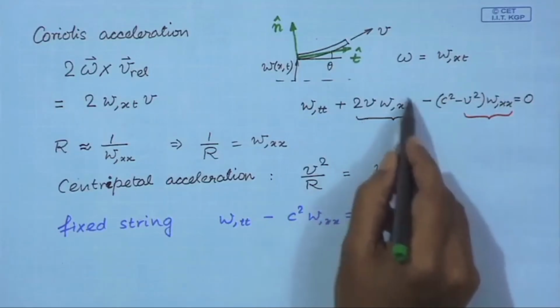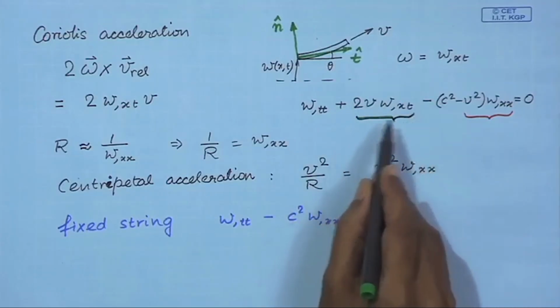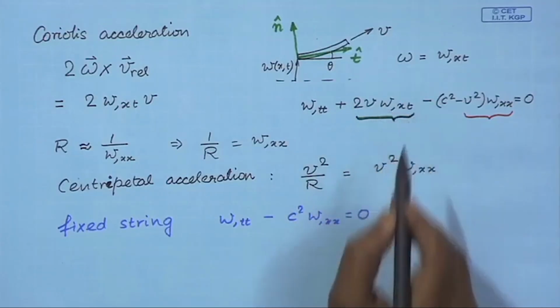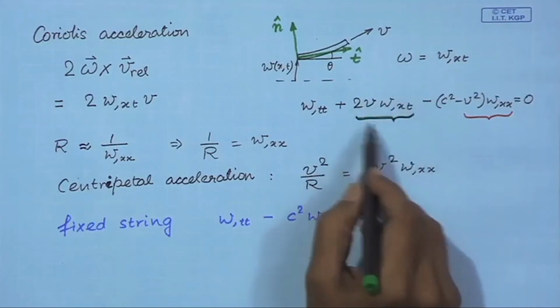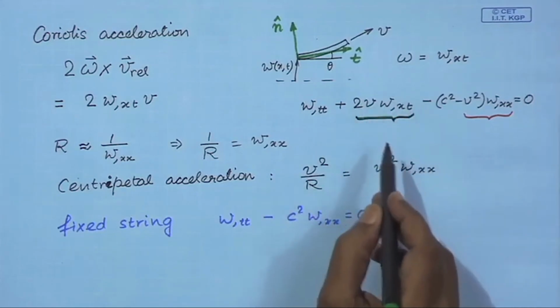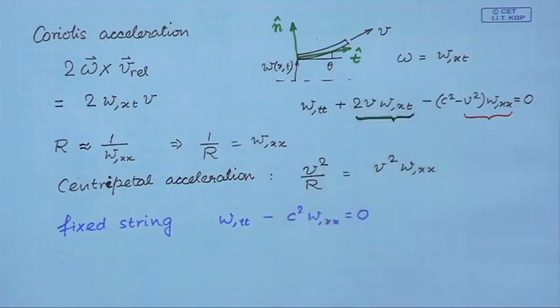The second thing is this term, the Coriolis acceleration term. This has a single time derivative. Now, when we discussed damping, normally we had in the damping terms a single time derivative. So, the question might arise whether this term is conservative or not.